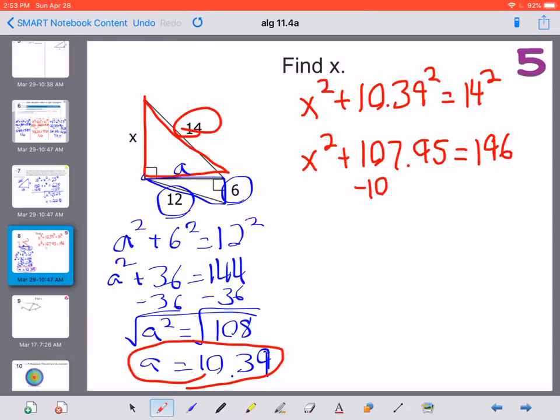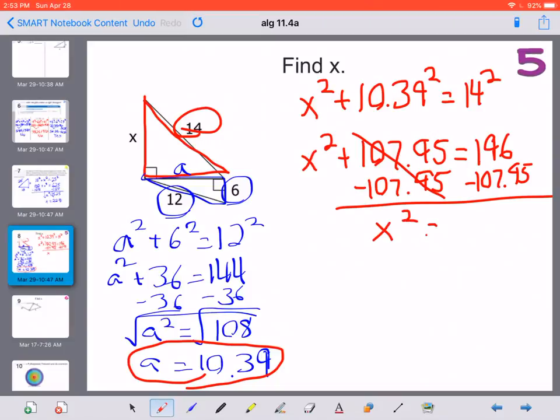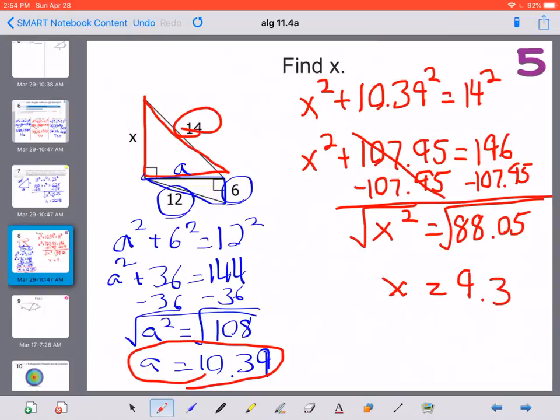We have to subtract 107.95. So we get x squared equals 196 minus 107.95 gives me 88.05. Finally find the square root, and x equals 9.38.